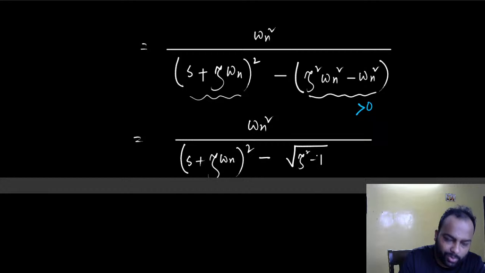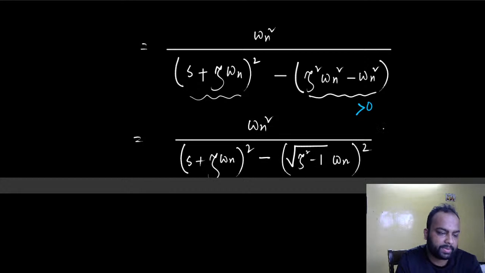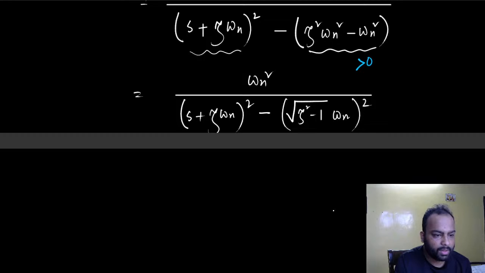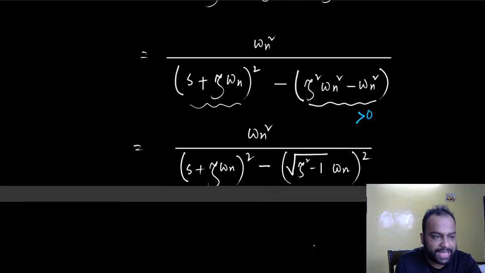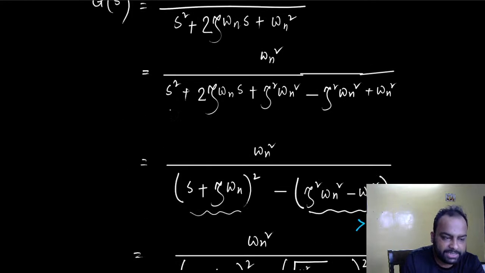So zeta square minus 1 is a positive real number, and as such the square root of that is also a real number, and we have omega n, let's put a whole square. That's fine. So that's your G(s).